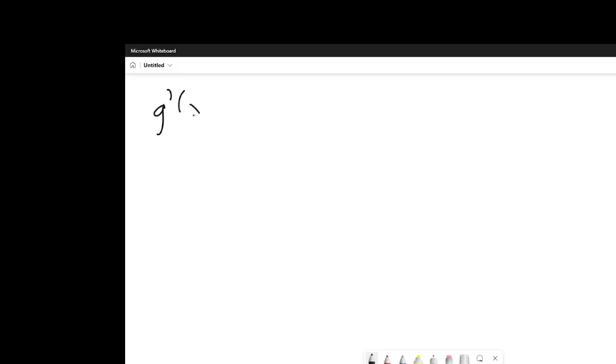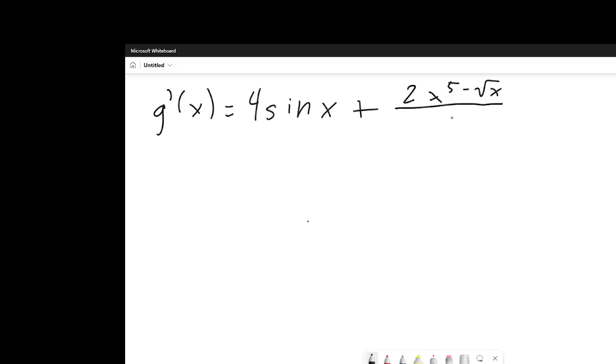G prime of x equals 4 sine of x plus, let's see, 2x to the fifth minus square root of x, over x. Let's split that into 4 sine x plus 2x to the fourth minus x to the negative 1/2.